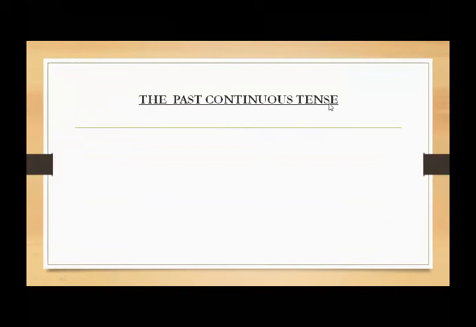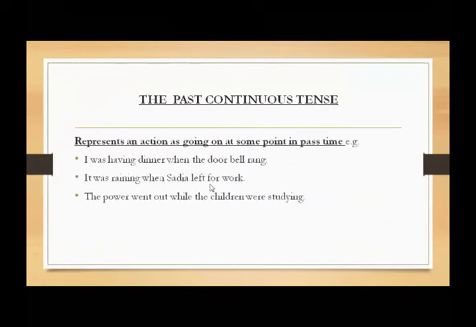The past continuous tense. The use of the past continuous tense is that it represents an action as going on at some time in past time. I was having dinner when the doorbell rang.